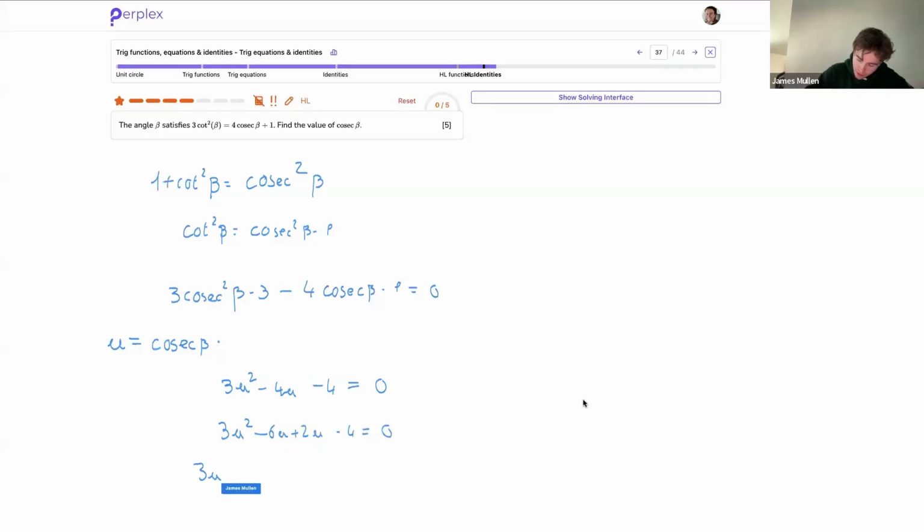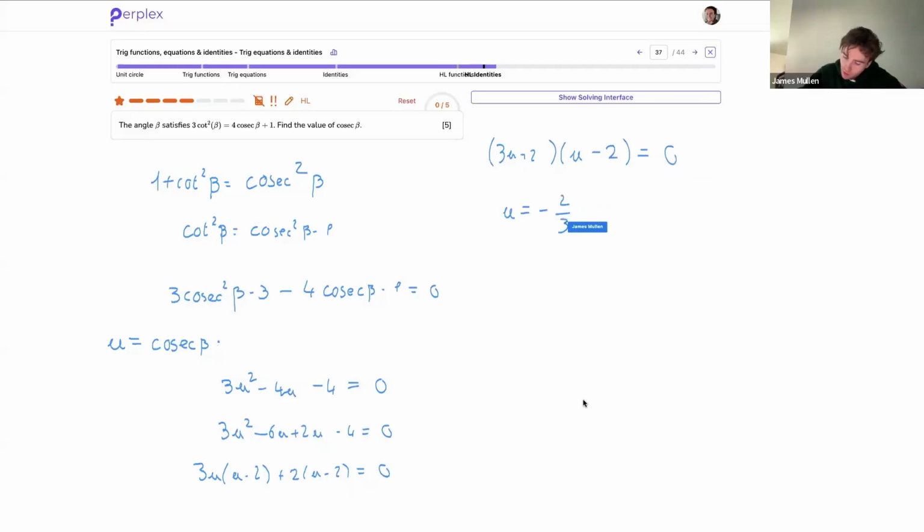So 3u times u minus 2 plus 2 times u minus 2 is equal to 0. So I have 3u plus 2 times u minus 2 is equal to 0. So that would give me u is equal to minus 2 over 3 or 2.